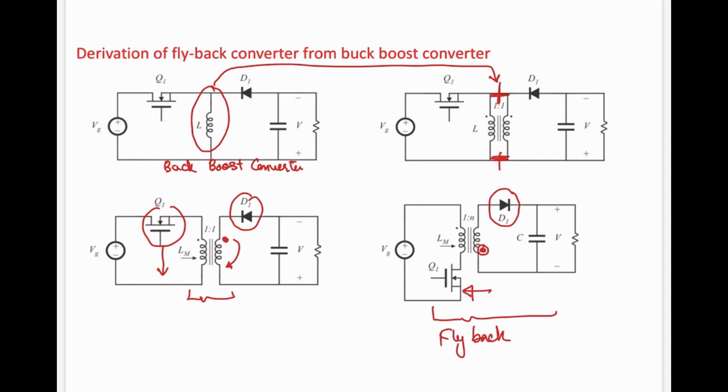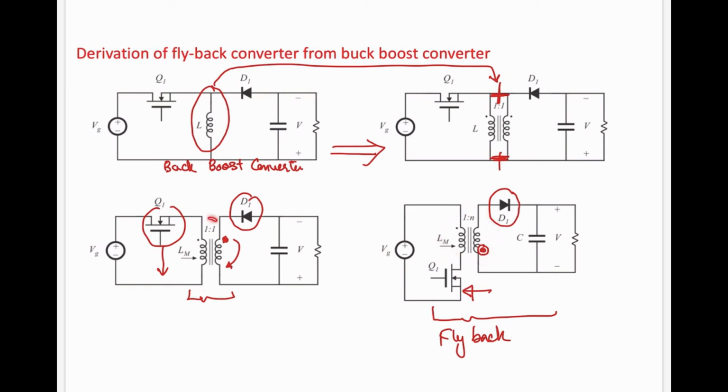So you can have the isolated buck boost by passing through these steps. First of all, represent your inductor with the two wires in parallel, then isolate them from each other, change the position of the switch, change the marking of the dot, and you can introduce the boost action as well, or buck action as well, by controlling the turn ratio over here, because now it will be like the transformer.